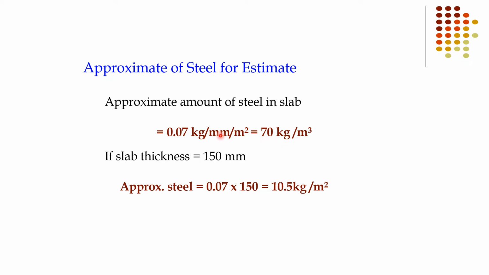If your slab thickness is 150 millimeter, you multiply 0.07 by 150 and you get 10.5 kg per meter square. That means in 1 meter square, the approximate steel in the slab will be 10.5 kg.